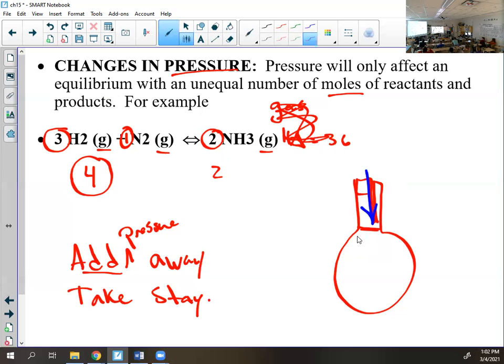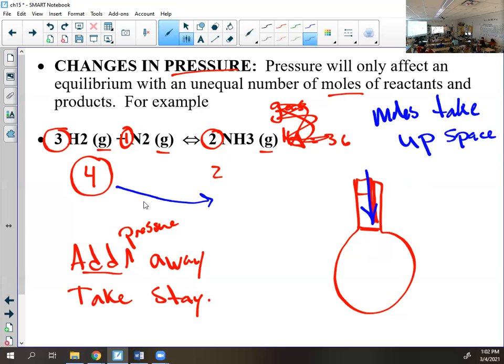Okay, increasing the pressure, I will always go away from the big number. Moles take up space. So 4 moles takes up twice the space that 2 moles take. So if I add pressure and I reduce the space, I will go to the side that requires less space.